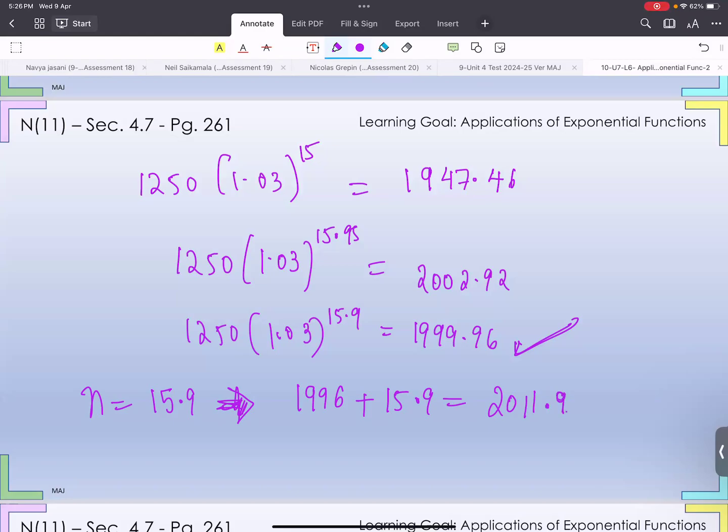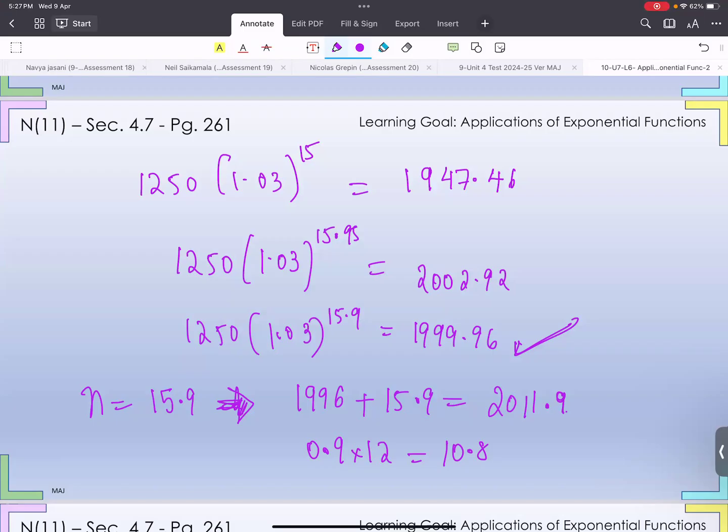0.9 is 0.9 of the year, okay? So 0.9 multiplied by 12. Why 12? Because there are 12 months to a year, right? So 0.9 multiplied by 12 is going to give me 10.8, okay? So somewhere towards the end of October, you're going to end up with 2,000 people.